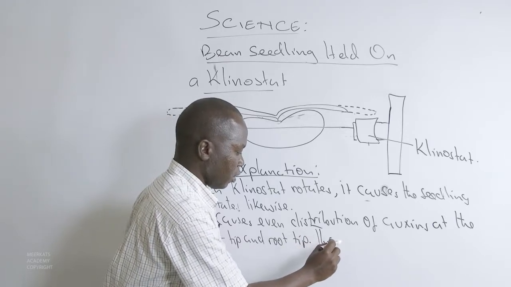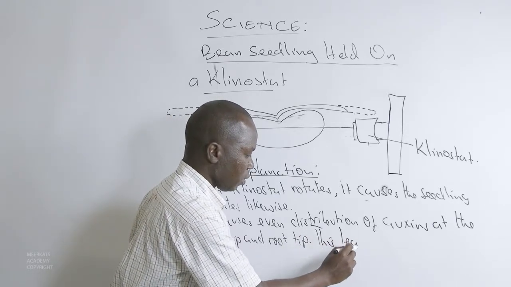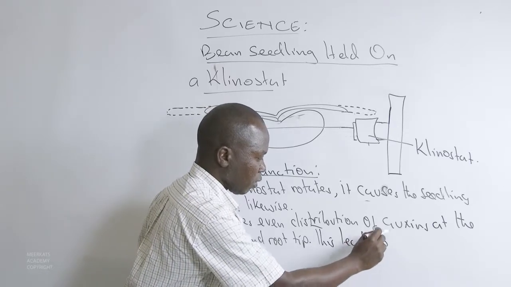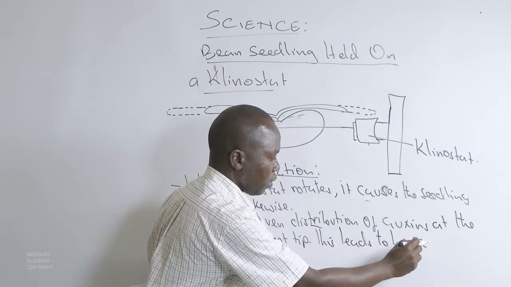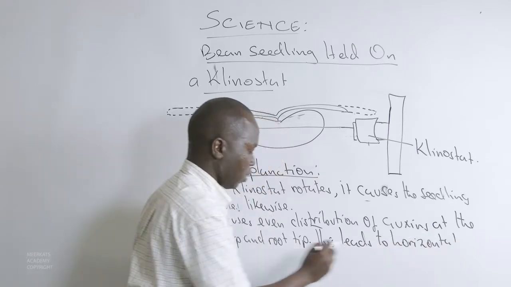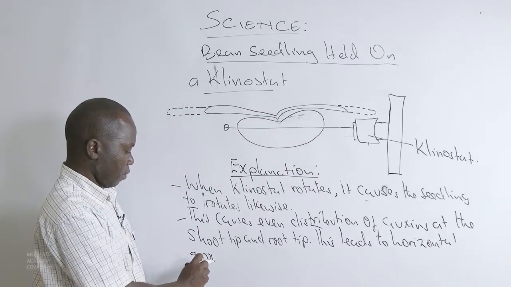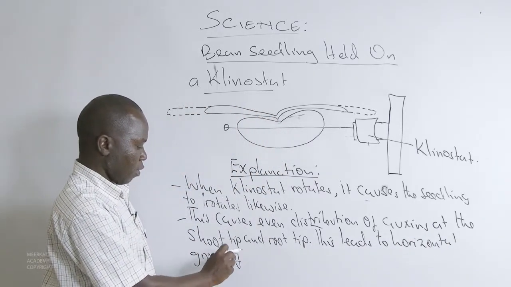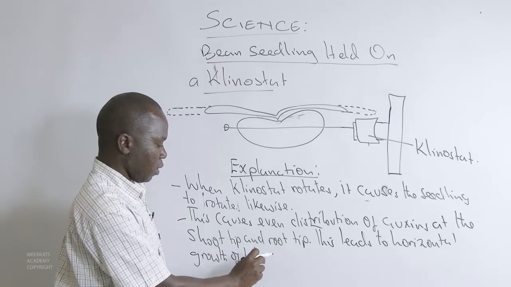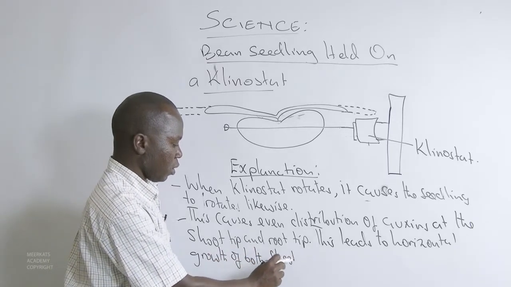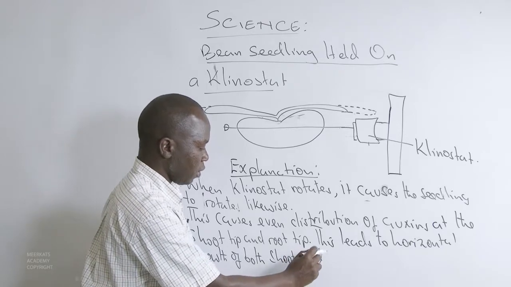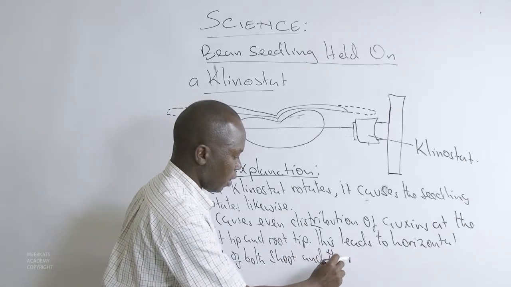This leads to horizontal growth of both the shoot and the radical.